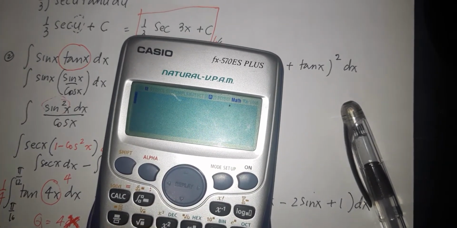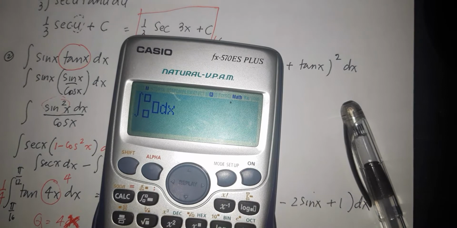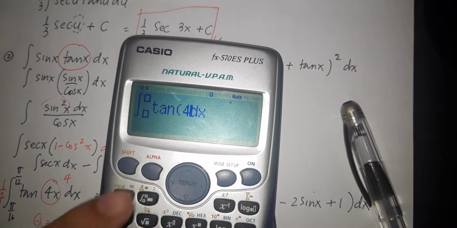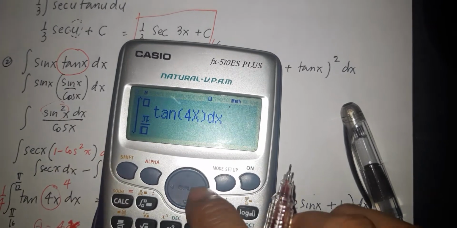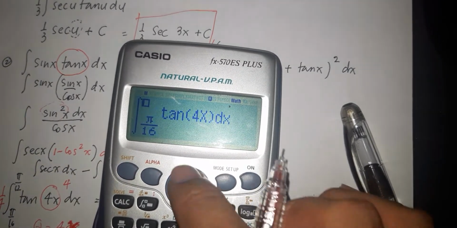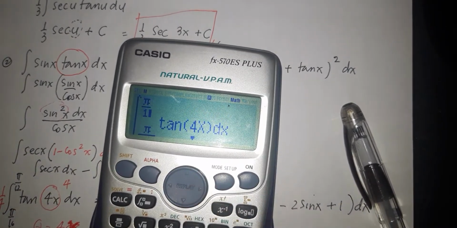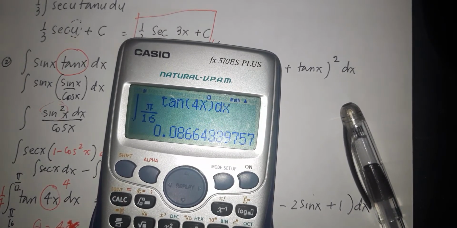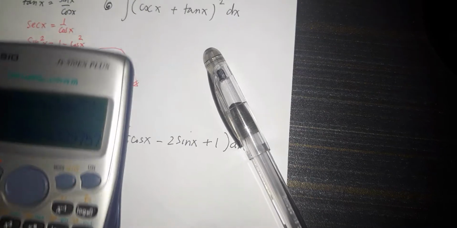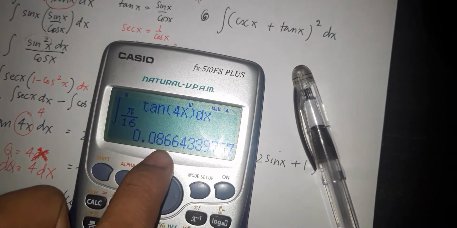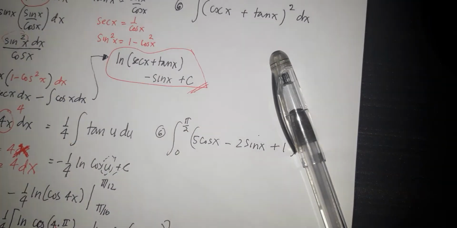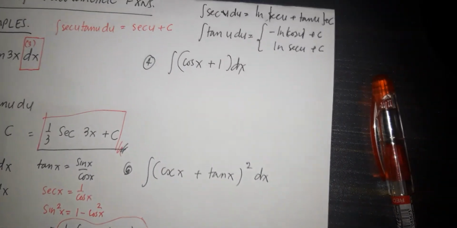So integral of tangent 4 alpha, close parenthesis, from pi over 16 to pi over 12. So, dapat ang sagot natin must be 0.087. So, the answer is the same, 0.087. So, that will be our answer.